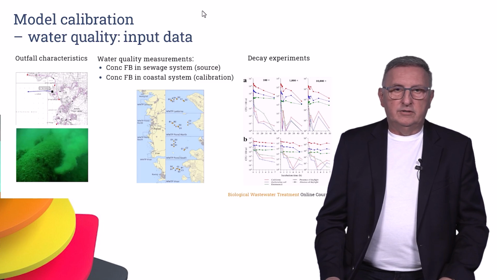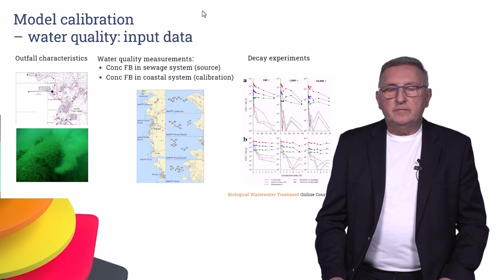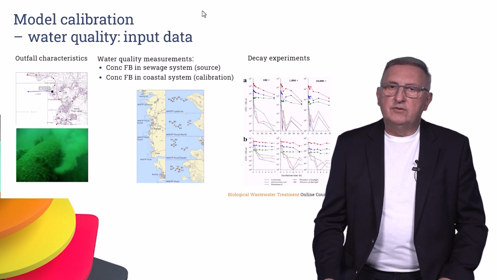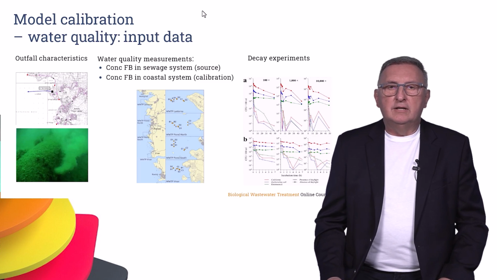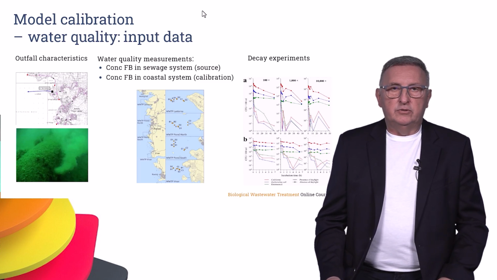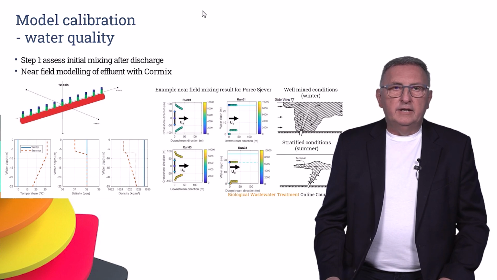The first 2 parts of the graphs I already described, and the data from the decay experiments we used to model decay of fecal pollution. Then, based on this information, we calibrated the model on the water quality.